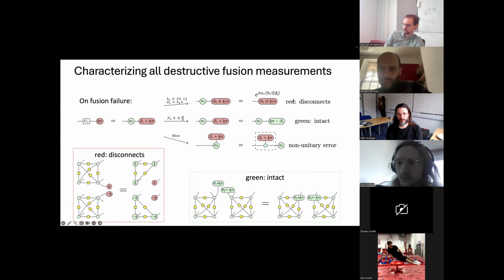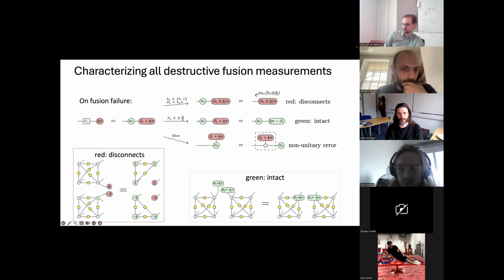So you're interested in these 2 cases, and if you look at the action of a fusion measurement in case of failure, it behaves this way. If we are thinking of applying the fusion measurement on graph states, then when the fusion is red, it will disconnect: it will remove all the connections of the qubit to its neighbors.